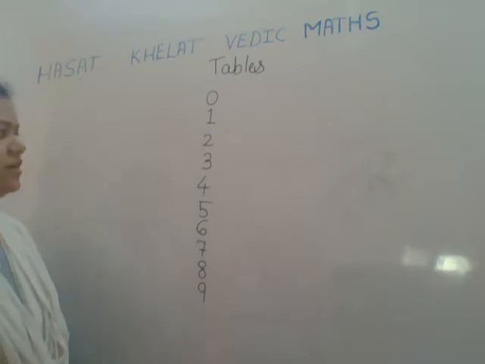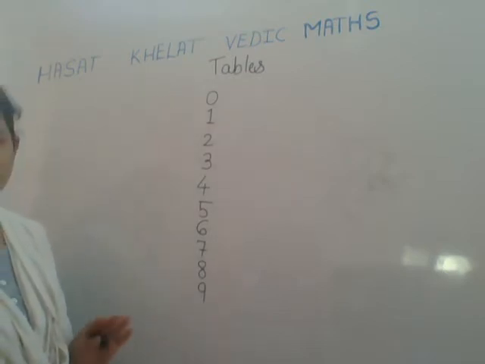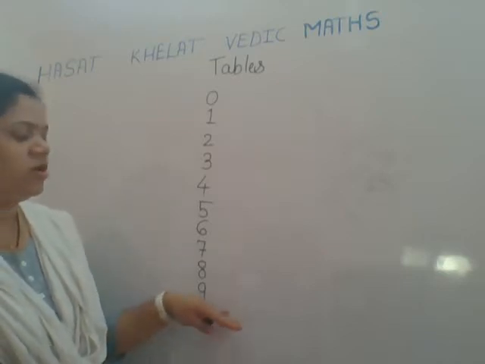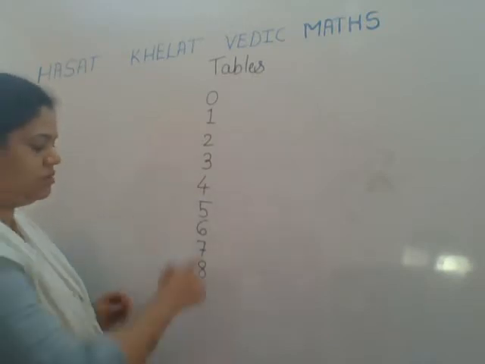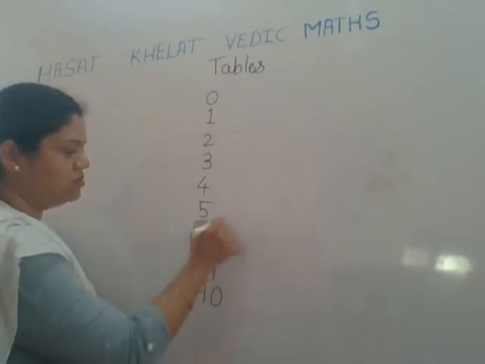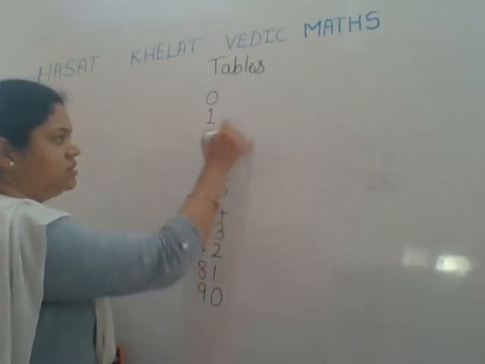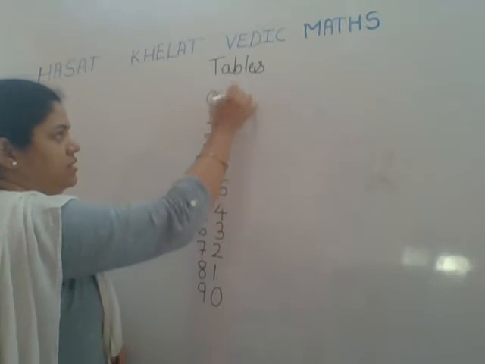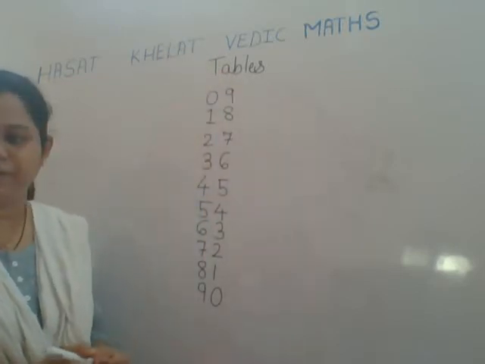Now from the bottom, again I'll write these numbers in reverse, starting from 0, 1, 2, 3, 4, 5, 6, 7, 8 and 9. The nine's table has been prepared.